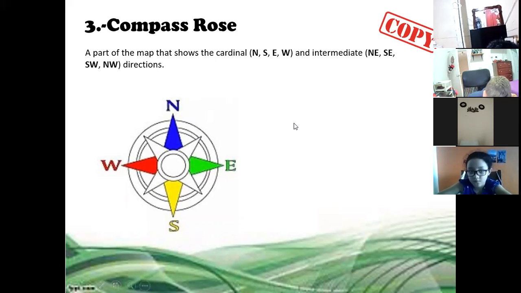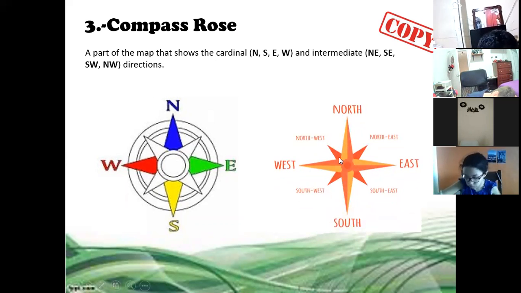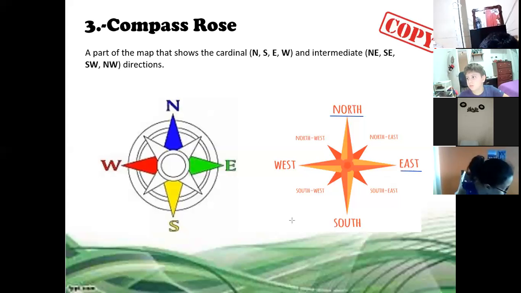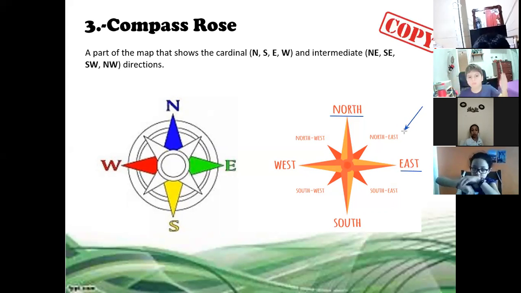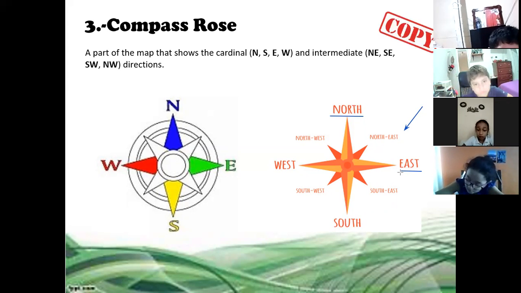Intermediate directions is the combination between the cardinal points. See, this is the compass rose. For example, here we have north and east. So the combination of these two is northeast. We have south and east, southeast.